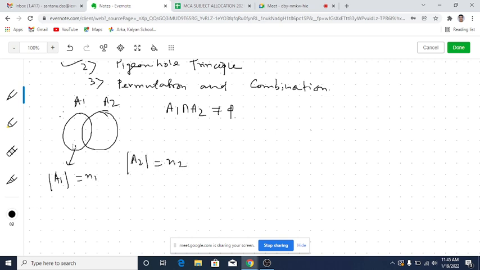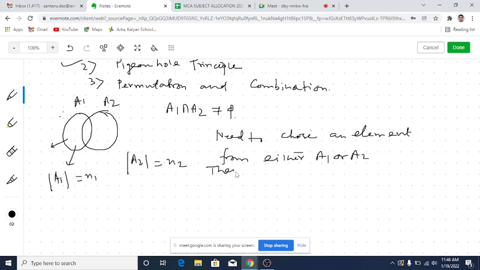So let us say I need to choose an element from a1. So what is the problem? I need to choose an element from either a1 or a2.